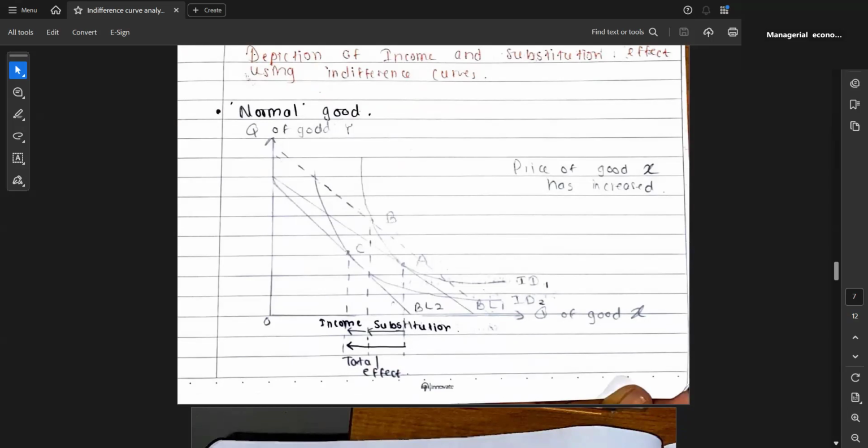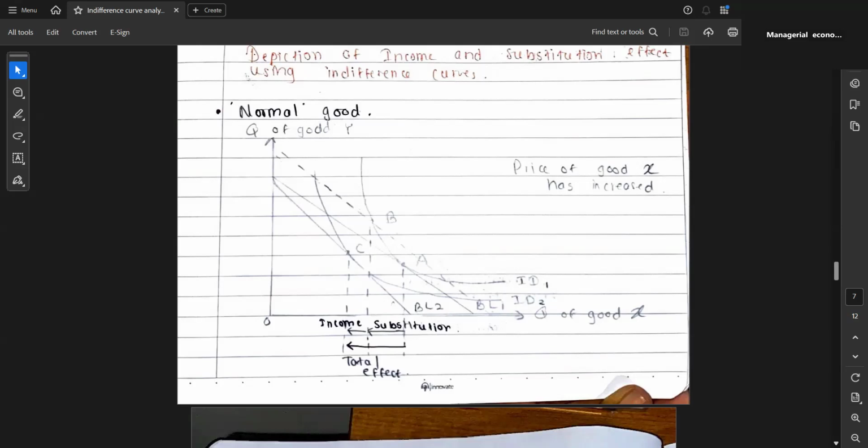In inferior goods and Giffen goods, the substitution effect goes along with the law of demand. However, the income effect goes against the law of demand.